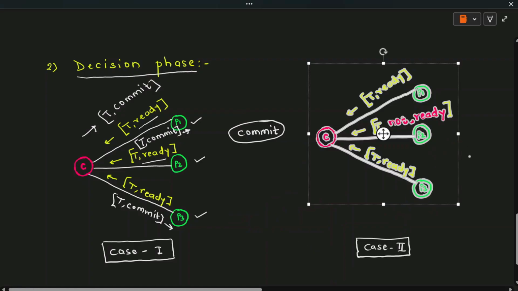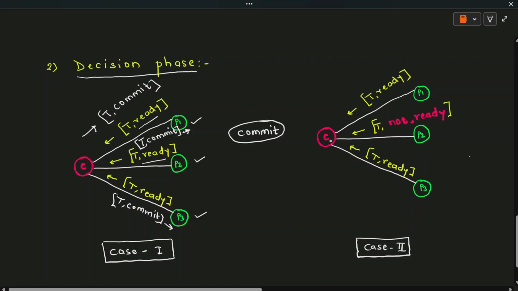In the second scenario, the coordinator site has earlier sent the T prepare message to the participating sites. Now participating sites have to decide whether they are ready to commit the transaction or not. In this case, P1 is ready for committing the transaction, P2 is not ready for committing the transaction, and P3 is also ready for committing the transaction.